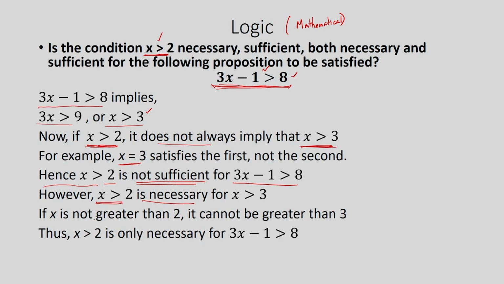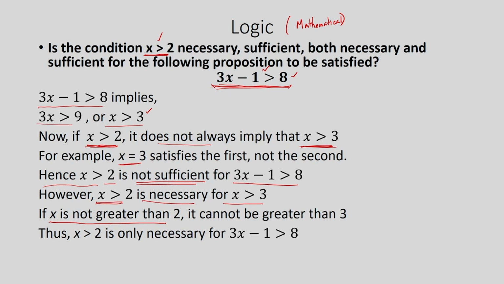So, if this condition is not satisfied, that means x is not greater than 2. Now, if x is not greater than 2, right, then x cannot be greater than 3 either, right. So, if x is not greater than 2 means what? x could be 1, x could be 0, x could be something negative.